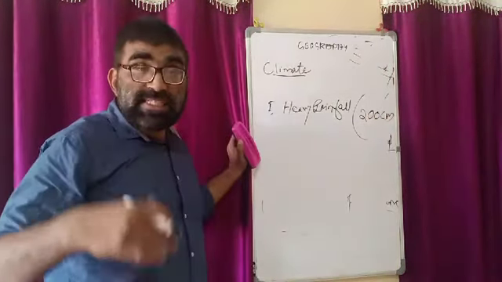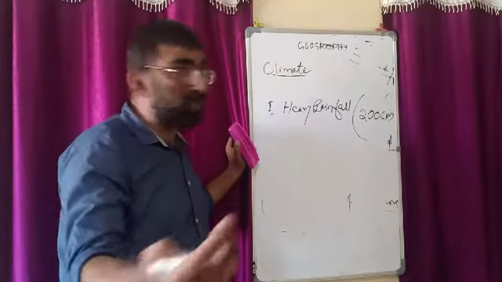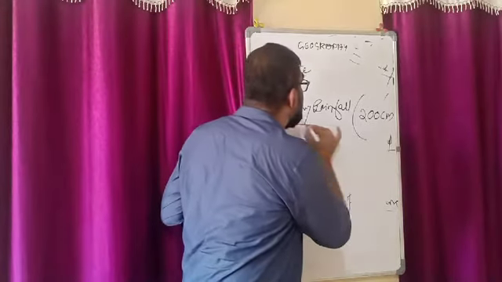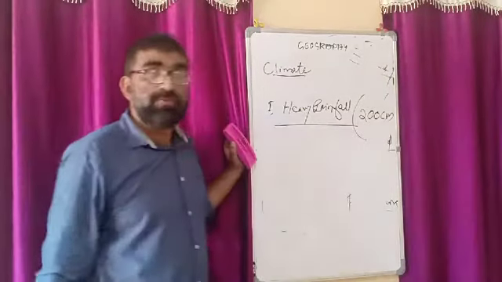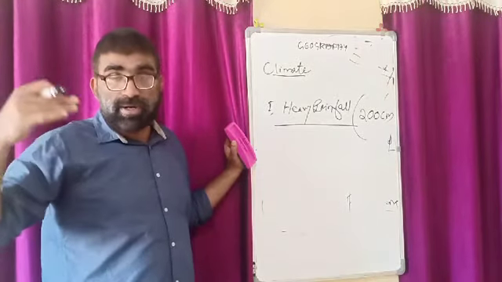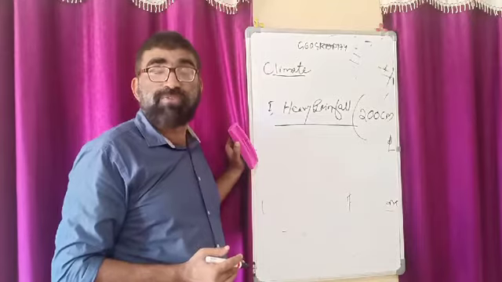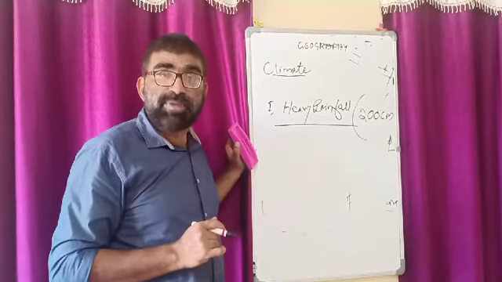The areas receiving more than 200 or 250 centimeters of rainfall are considered areas of heavy rainfall. We know in India, the northeastern part of India and also the southwestern part of India receive heavy rainfall, more than 200 centimeters.